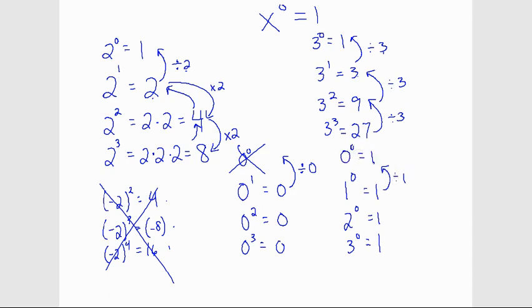This makes sense. 1 divided by 1 is 1, so 0 to the power of 0 is 1. But we've got two rules in competition here. Anything to the power of 0 is 1, but 0 to the power of anything is 0. So for that reason, I will not be defining this. There are limit problems where we can find out that 0 to the power of 0 approaches 1, but that's another video for another time.